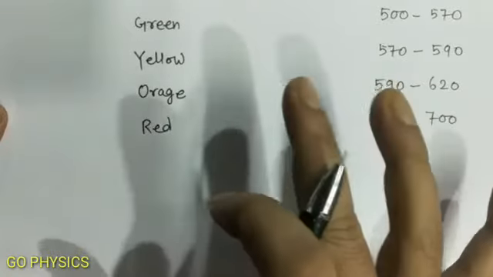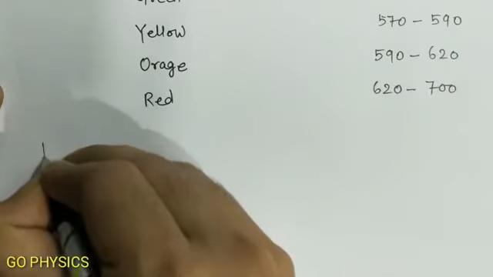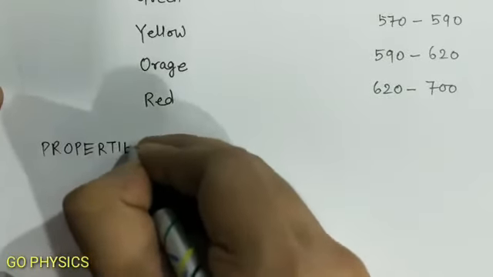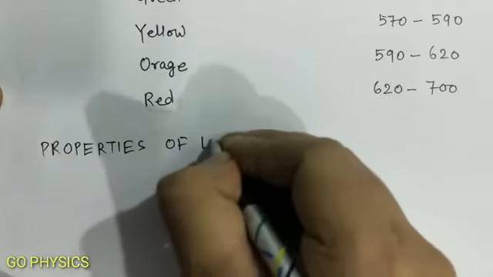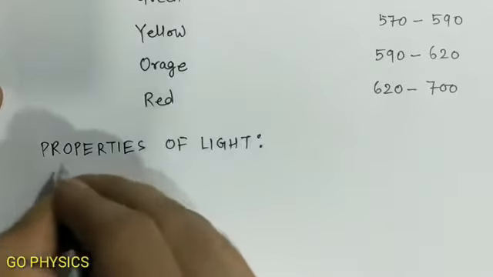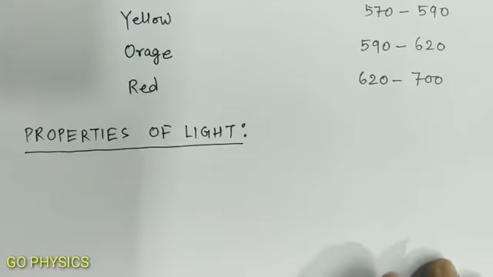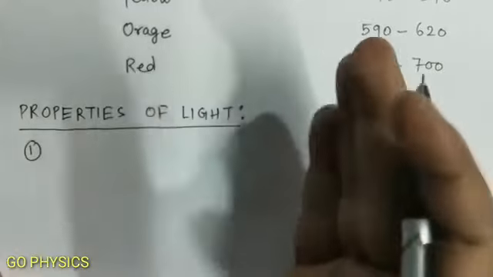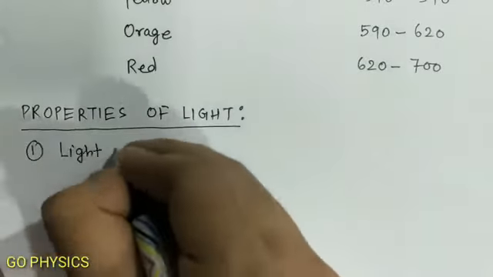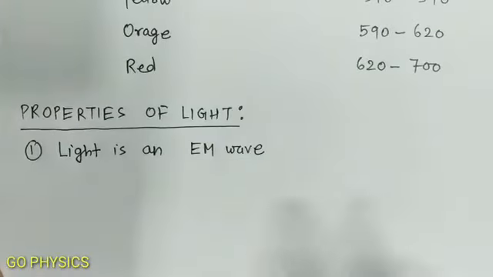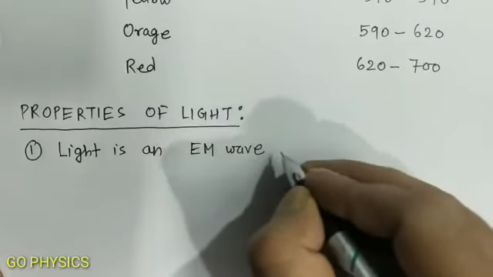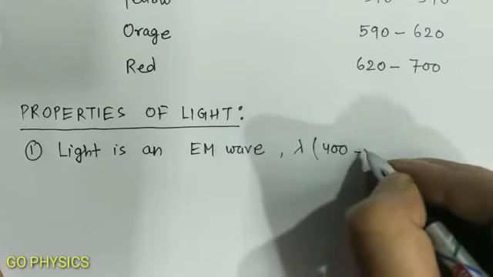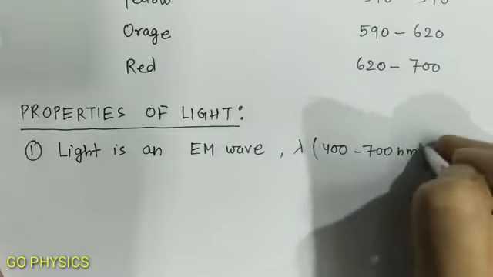Now we are going to see the different properties of light. If we talk about the first property of light, then light is an electromagnetic wave having wavelength between 400 nanometer to 700 nanometer.